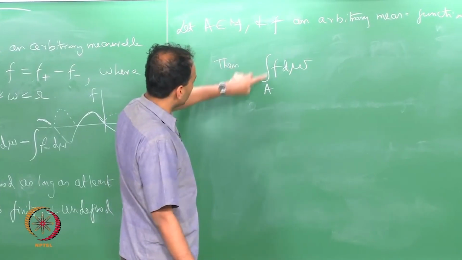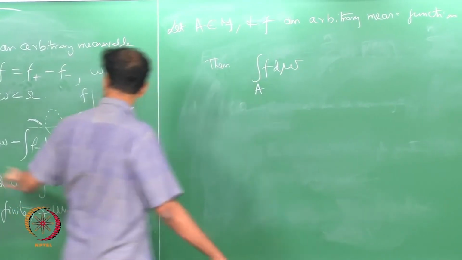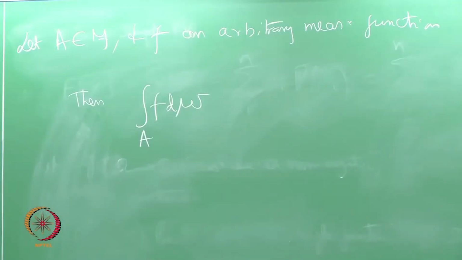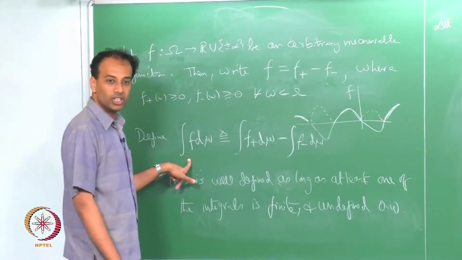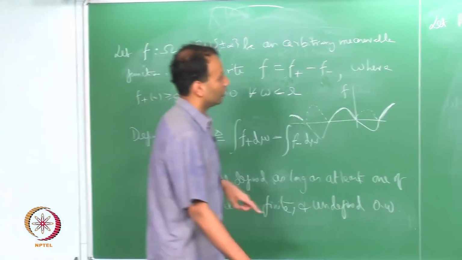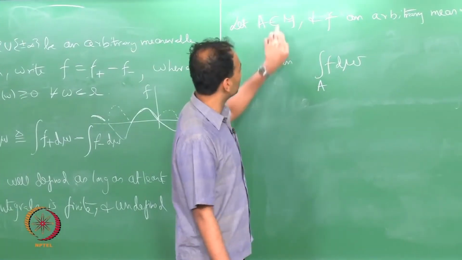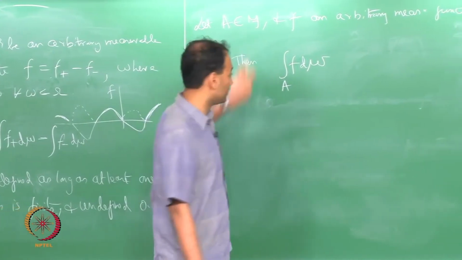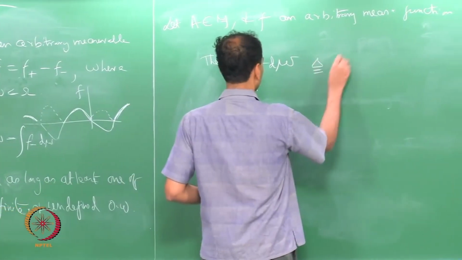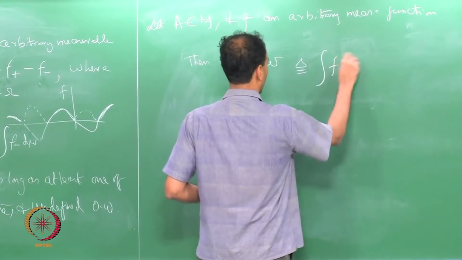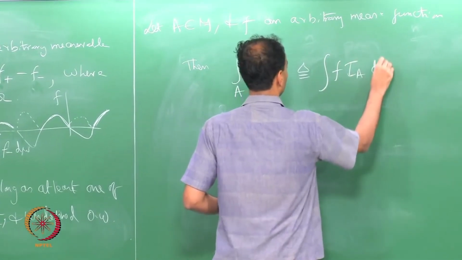I am now integrating not over the whole space. So far I have been integrating over the whole space. Remember, if I do not put anything here, it means I am integrating over omega. Now, I am integrating over a particular measurable set A. This is by definition equal to the integral of f times I_A d mu.